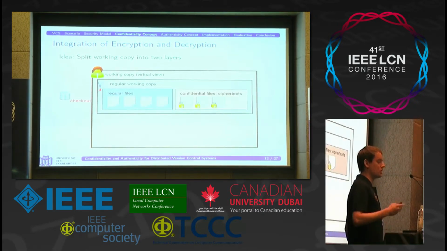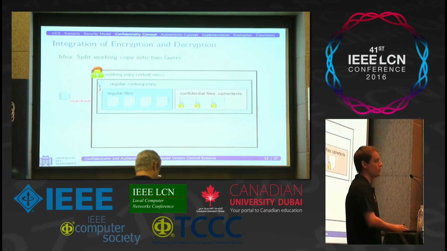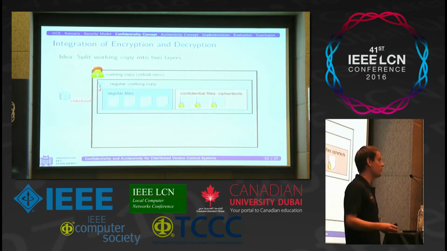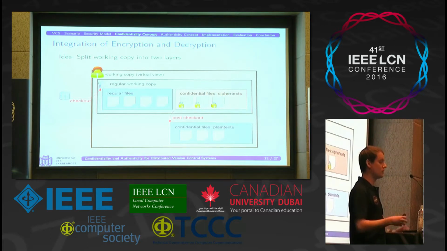But as soon as we check out a revision which contains confidential files, then we check these encrypted representations of the confidential files out into the regular working copy in a specific area which is hidden to the user, and then we process the encrypted representations, we decrypt them according to the user's access rights, and then create decrypted representations only in the virtual view, and there the user can work on the files just as on regular files.